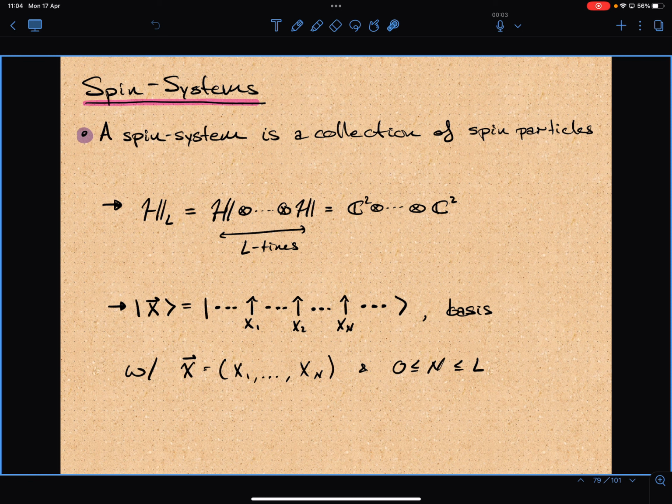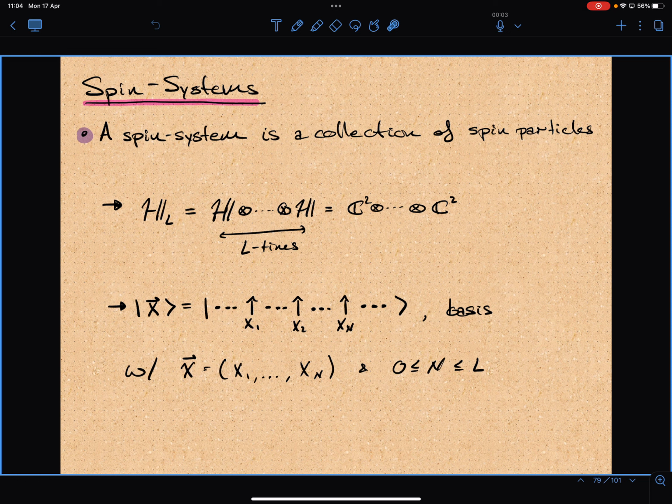It was our spin system where we had the Hilbert space made up of copies of C2, and each copy of C2 represents the configuration of a spin up or down. I write configurations by denoting the location of the upspin.